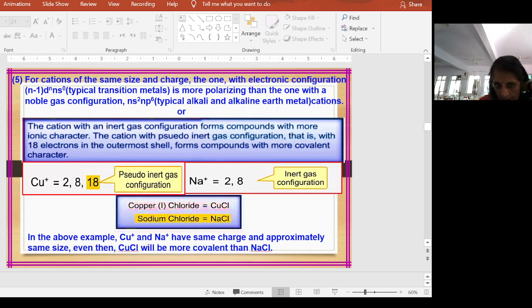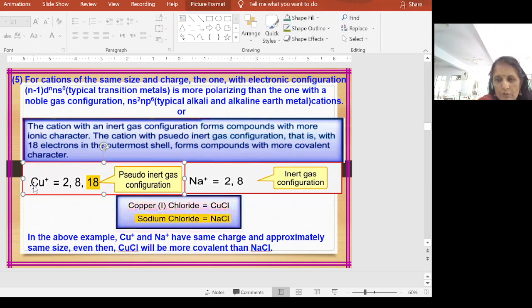If there are two ions and one has an incomplete d orbital, or belongs to a typical transition metal, then that will be more polarizing than the one which does not. For example, if you compare sodium positive with copper, then copper will show more polarization. In this example, copper and sodium have the same charge, one positive each, and approximately their sizes are also taken to be the same. But you will find that copper chloride will be more covalent than sodium chloride, because the cation with an inert gas configuration, like sodium 2,8, will have more ionic character.